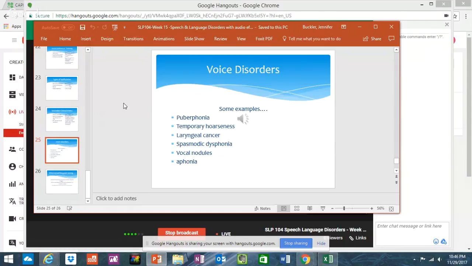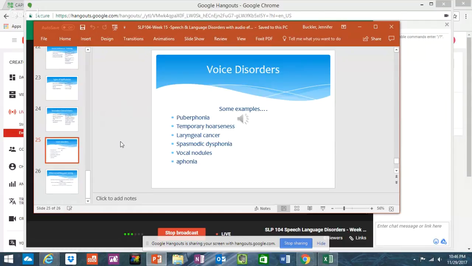Vocal nodules often happen from vocal abuse, and the voice sounds rough and hoarse. Sometimes there's pitch breaks that kind of make your voice almost sound like it's moving in and out, or variations in pitch. Those are called pitch breaks.